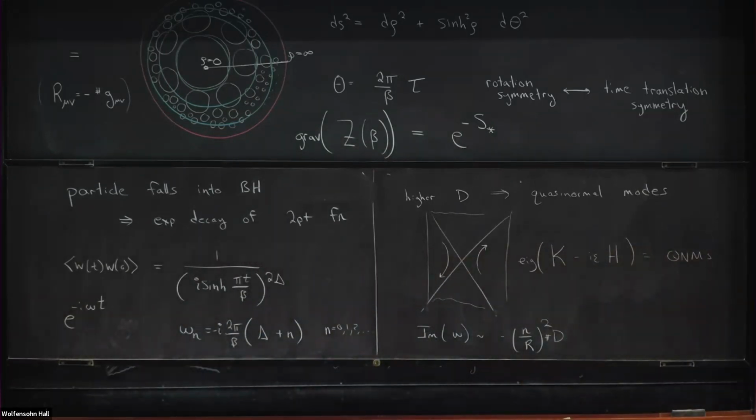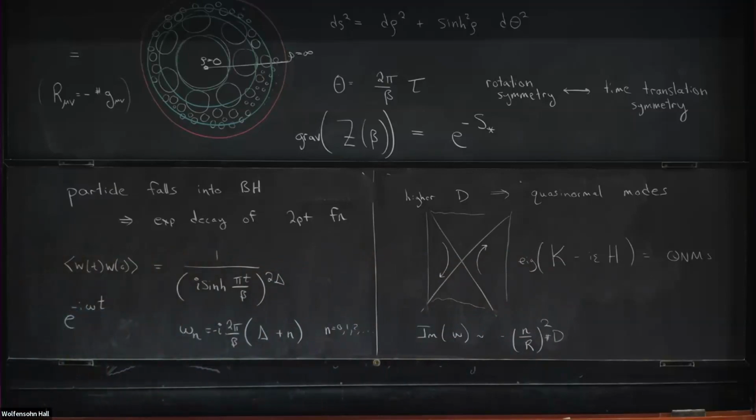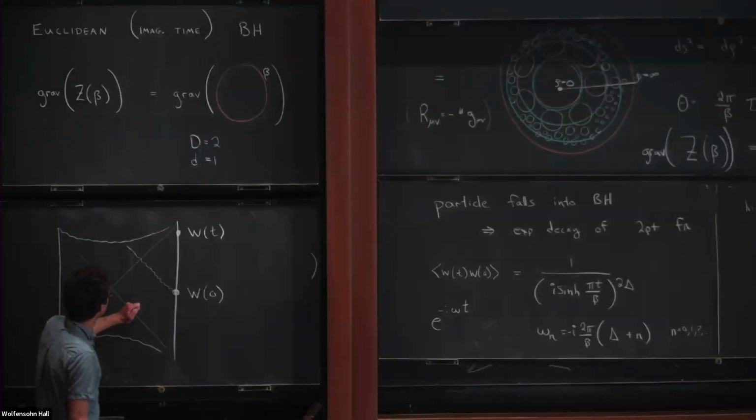Finally, my favorite thing about the two-point function is this. Let's go back to the original picture. The two-point function decays because the particle falls into the black hole. And that is just obvious from the description of this as a black hole. But there's something else which is more subtle and more interesting, which is that the particle is still there.